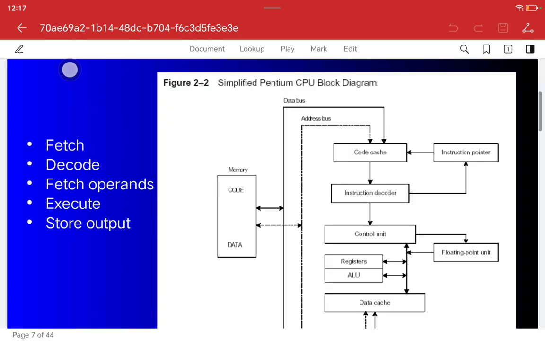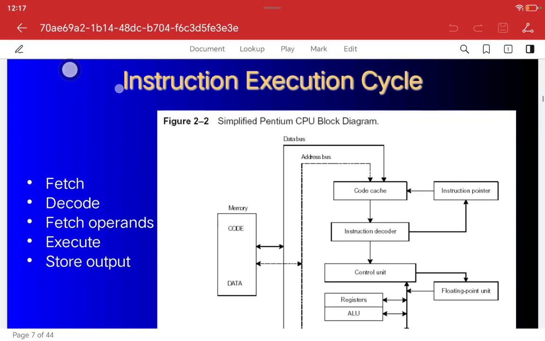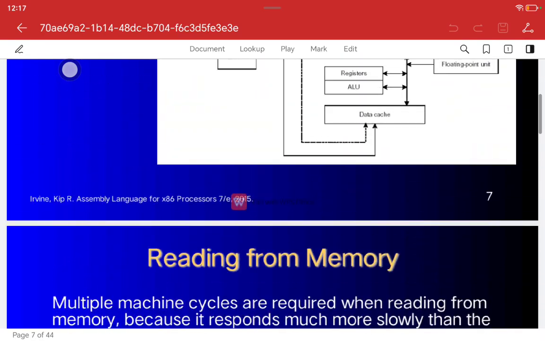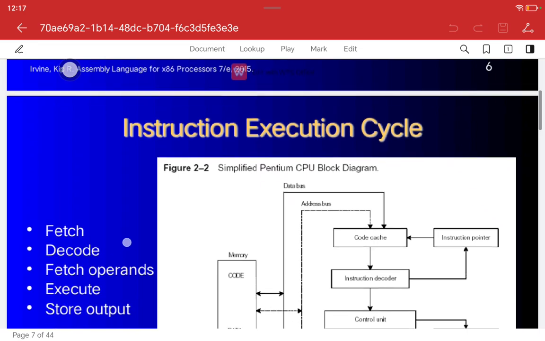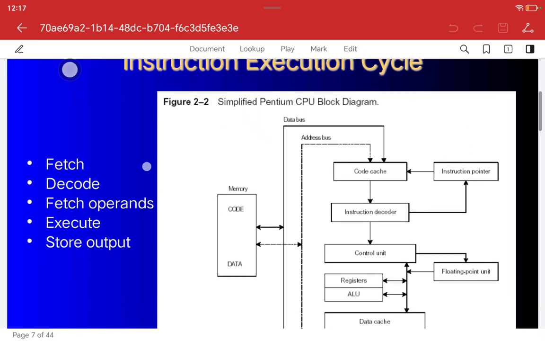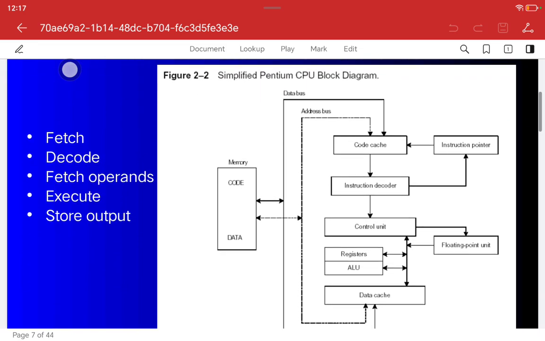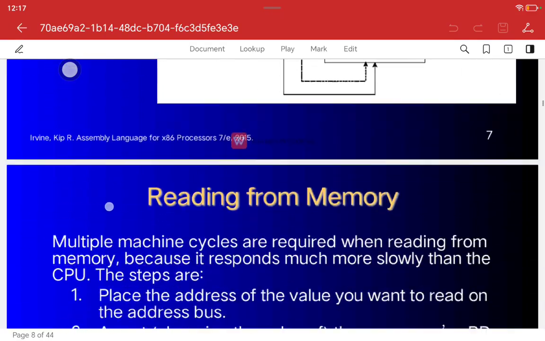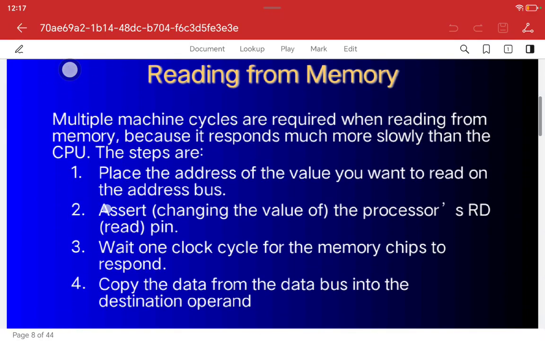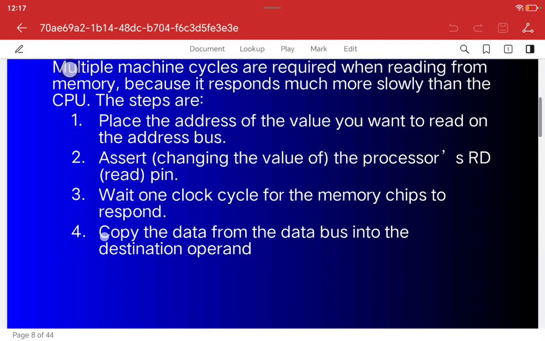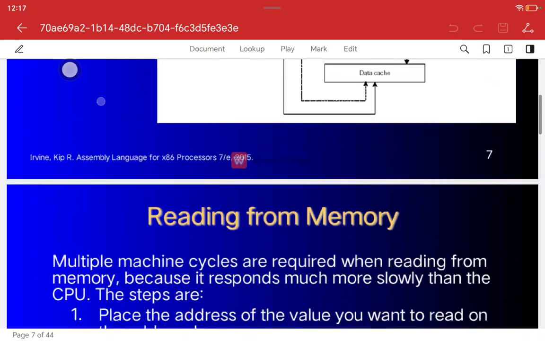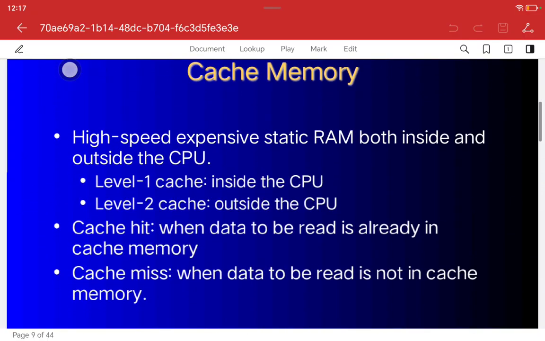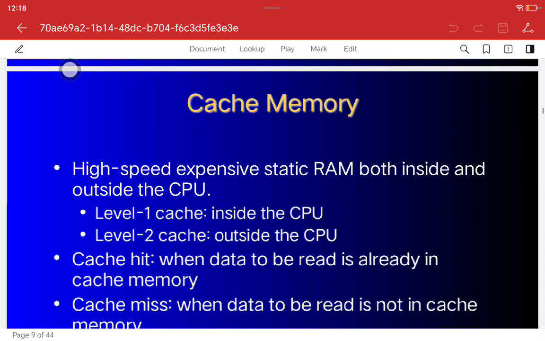Now, when we come to the instruction execution cycle, this one also we're not gonna be looking at now. The instruction reading from memory also is not something that we're gonna be looking at, because reading from memory, usually you do that at a final level, right?